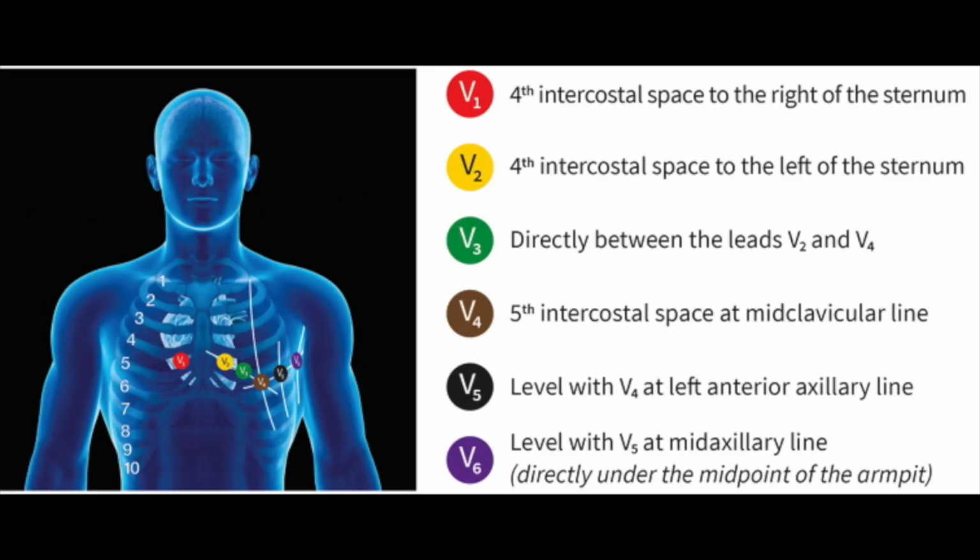What electrode is located in the anterior axillary line lateral to V6? And that is going to be V5. So V5 is lateral to V6 and V6 is lateral to V5. So if you can remember those two, then boom, you got it down pat. Just for those two. The other two, you're gonna have to just know those.